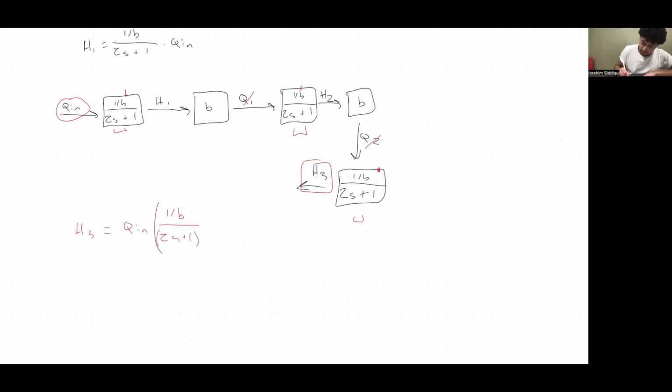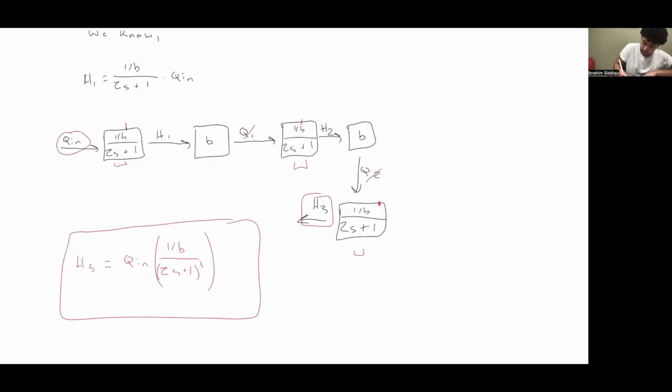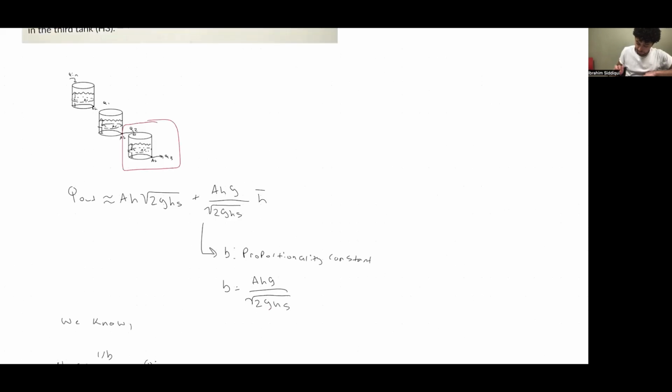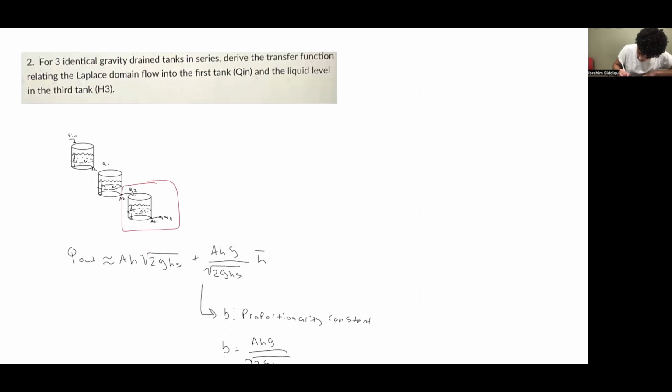Okay, so essentially this is the equation that is derived to find our liquid level of this tank. We want to find this liquid level, which is H3. Okay, so yeah, that sums that up. Let's go ahead and move on to part B.